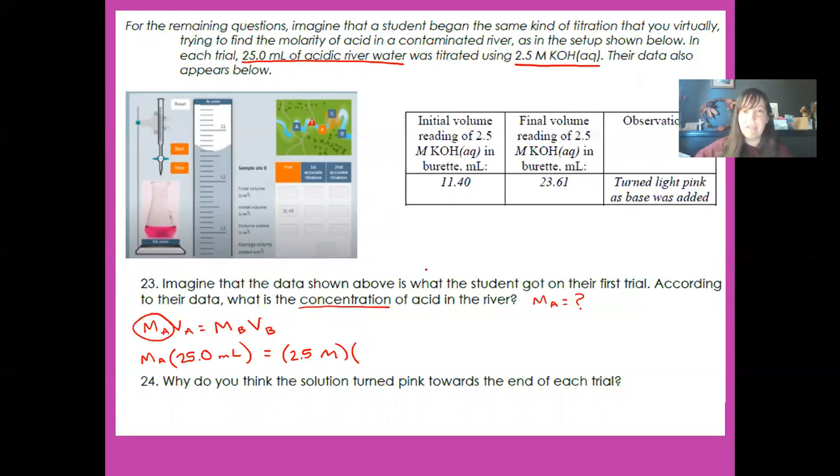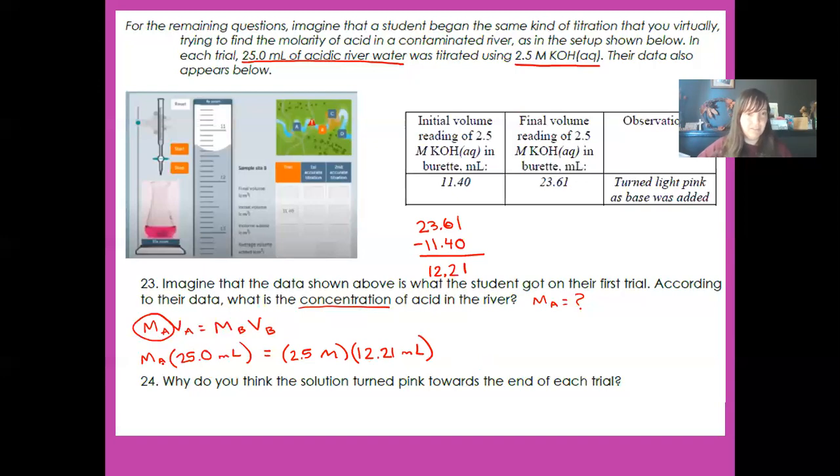Okay, volume of base. Well, we've got the initial volume and the final volume, so if we subtract, we can find the volume of base used. So 23.61 minus 11.40 is 12.21 milliliters.